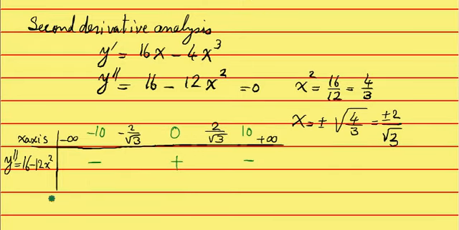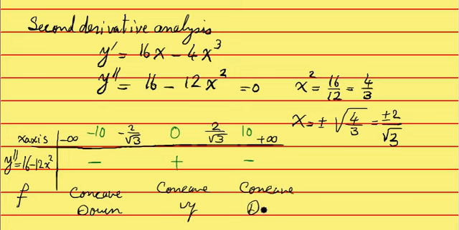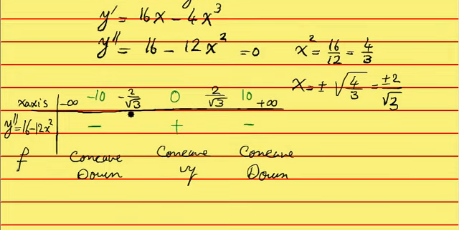So what is the information we get about the function f itself? Here it is concave down. Here it has to be concave up. And here again concave down. As we cross over, we have our inflection points.